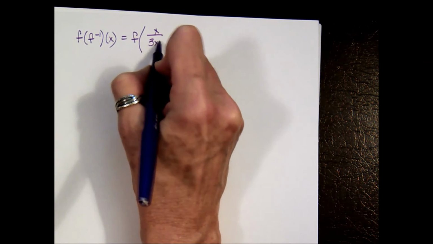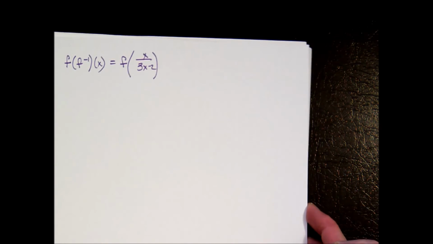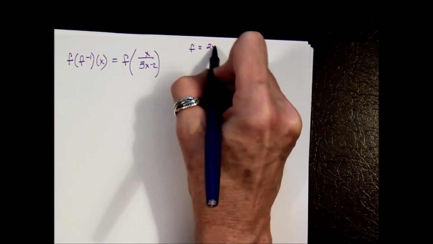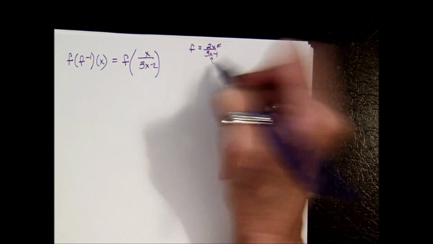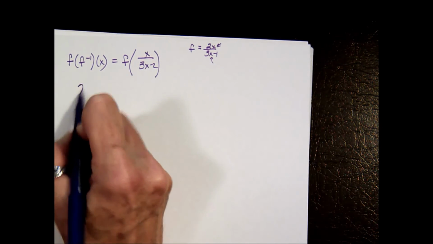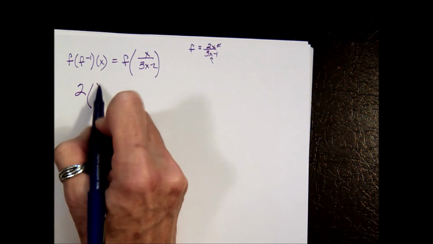Well, that means go back to the f function, the original function, which I'm going to write up here. It was f equals 2x over 3x minus 1. And everywhere you have an x, you're going to put in this. So you got to be careful how you write it. It's going to be 2. That's this 2. Take out this x, put in this. X over 3x minus 2.